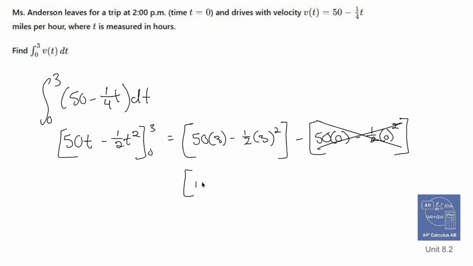We get 150 minus 1/2 of 9, which is 150 minus 4.5. We'll leave it as decimals here because why not? 145.5.